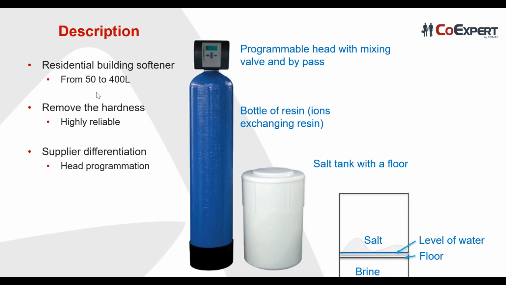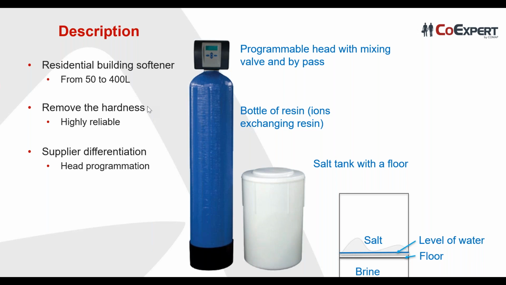Here is the picture of the Comap residential building softener. The residential building softener range for Comap is from 50 to 400 liters of resin. As we said before, the purpose is to remove the hardness from the water.